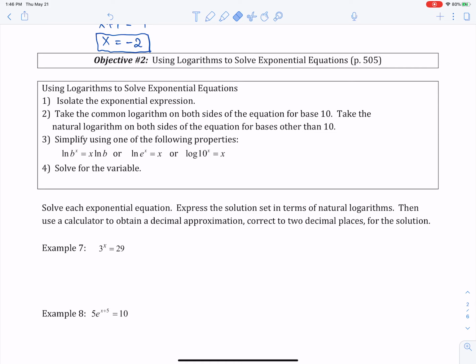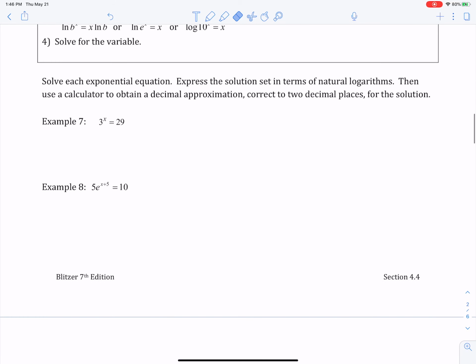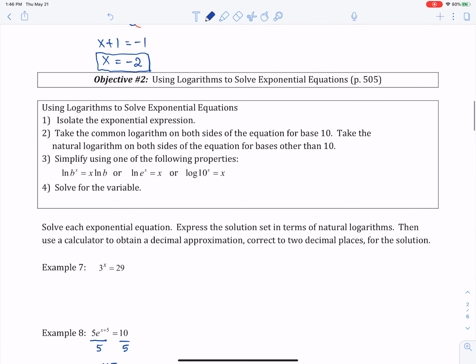Isolate the exponential expression. If it's not isolated, like in example 5, we first divide both sides by 5. Our goal is to isolate the exponential expression as a first step. Then we take the common logarithm, base 10, of both sides of the equation. Or we can take natural logarithms of both sides, for equations with bases other than 10.